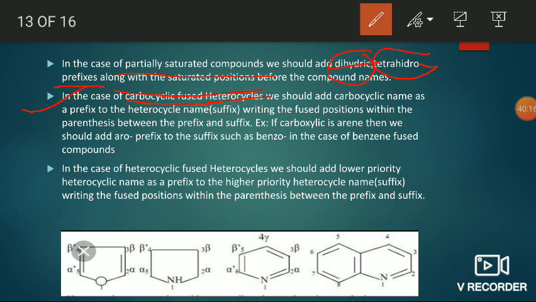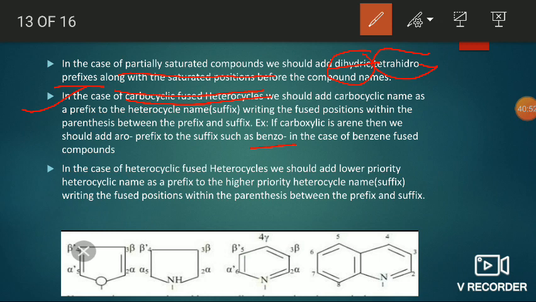If the carbocyclic ring in the case of carbocyclic fused rings is benzene, then we should add benzo as a prefix before the name of that particular heterocyclic compound. If there is naphthalene, then we should add naphtho as a prefix before the heterocyclic compound name.